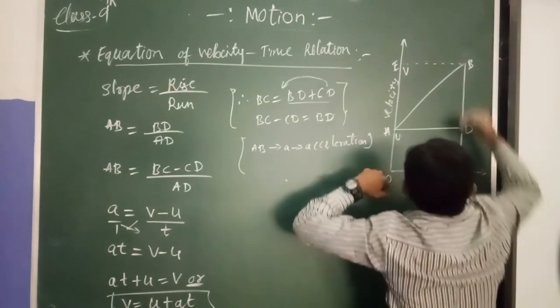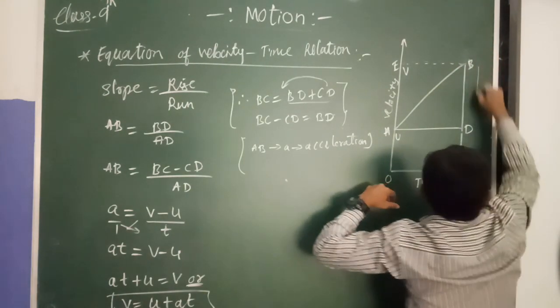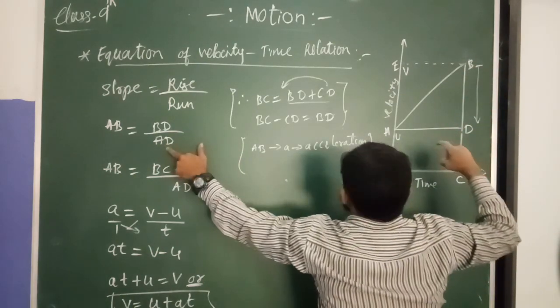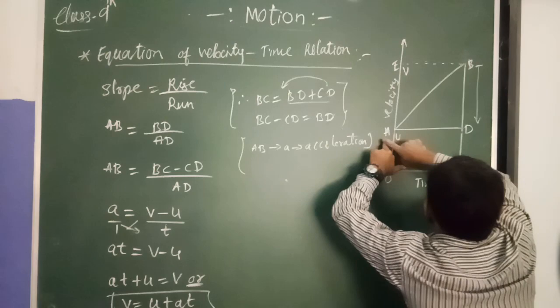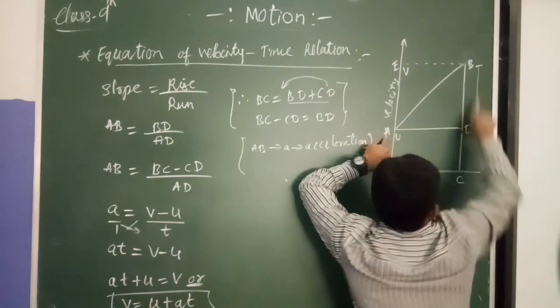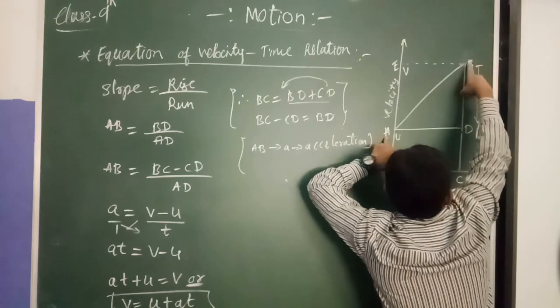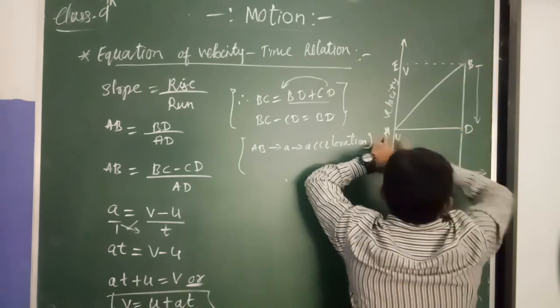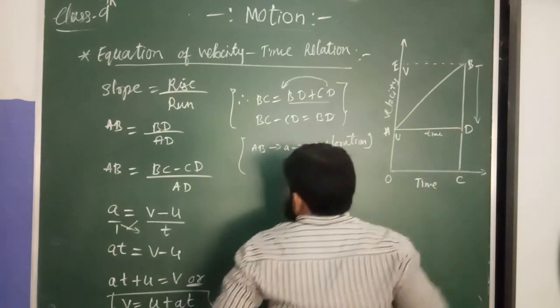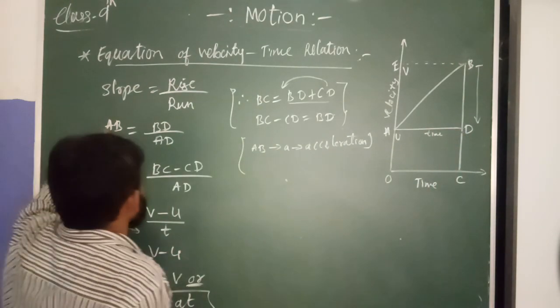Rising up to a height, what is the height? That is BD. And AD is the time we have taken, that is the run. Run is taking time, from here to here. The height is up to B. AB is rising and AD is run, that is for time. Right? And AB is equal to BD by AD.